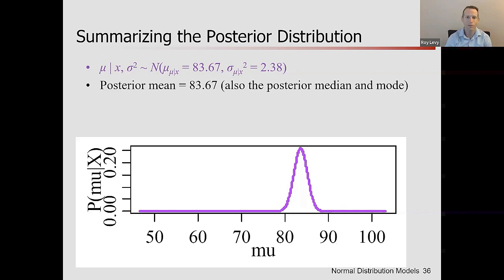So 83.67 is my summary measure of central tendency. I can give you a measure of variability. You could use a variance like 2.38, or most people prefer standard deviations to summarize a distribution. The standard deviation is the square root of variance. So variance is 2.38, so the posterior standard deviation is 1.54. It's just a square root.